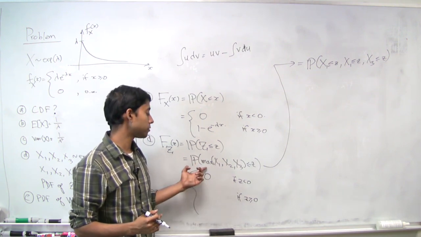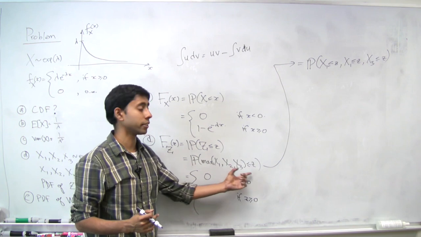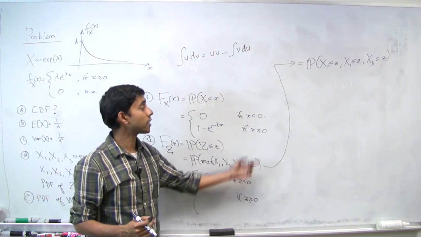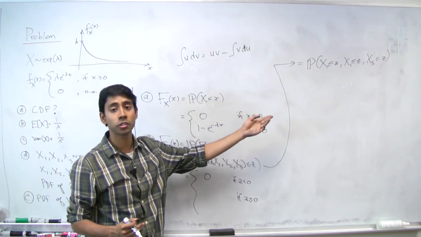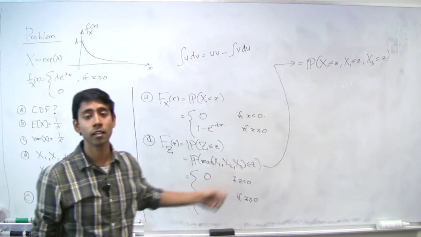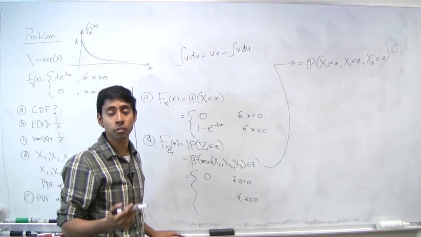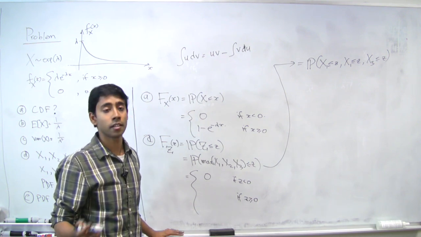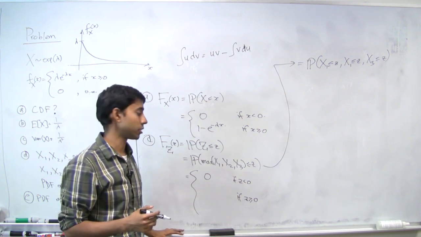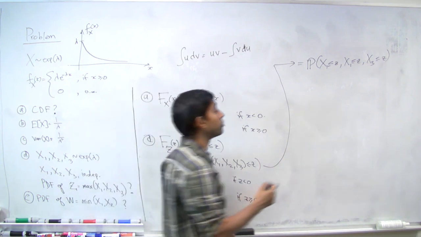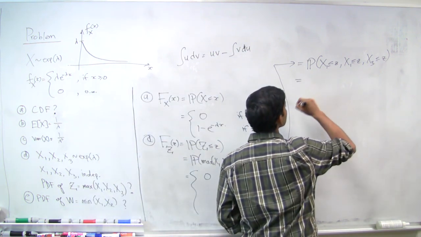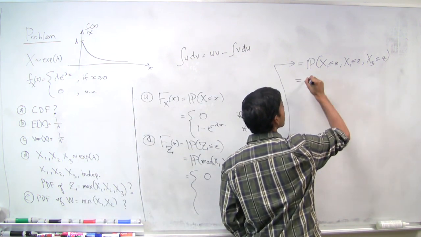If the max of x1, x2, x3 is less than or equal to z, does that mean x1 is less than or equal to z, x2 is less than or equal to z, and x3 is less than or equal to z? Yes. And if x1, x2, and x3 are individually less than or equal to z, then the max is also less than or equal to z. So these two events are equivalent, and this is true.